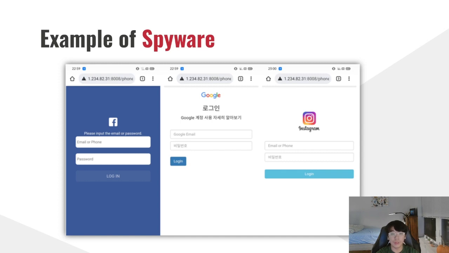So if the person, let's say, were to type in their Google email and their password, then the person spying on their screen can see their Gmail and password. One important thing to notice here is the little triangle mark with a danger mark on it. This usually means you're getting spied on or your entire computer is unsafe, so it's just another good thing to notice when you're using your computer or your phone.